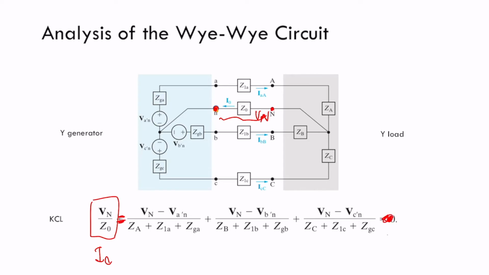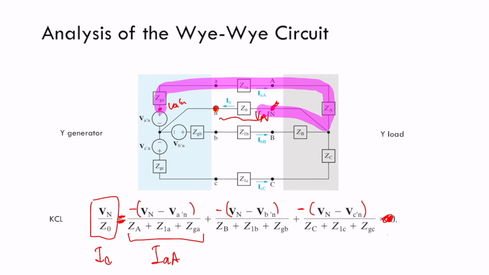This is equal to, and then I need to add here a minus, with the minus also, the current that goes from small a to capital A. And you can see the voltage that you have here, VA prime N, minus the voltage that I have in this point. So this is all along this path. This is VA prime N minus VN.